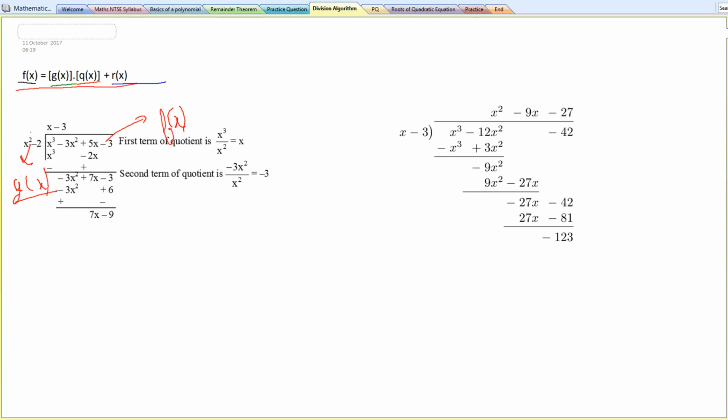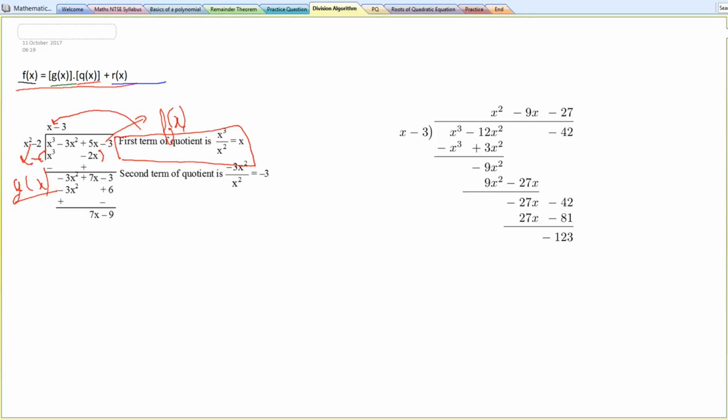I multiply this whole term with x, and this gives me the first term of my quotient. We get x cube minus 2x. Since we have to subtract this whole thing from the original, the signs are interchanged, x cube is cancelled, and we get minus 3x square plus 5x minus 3.